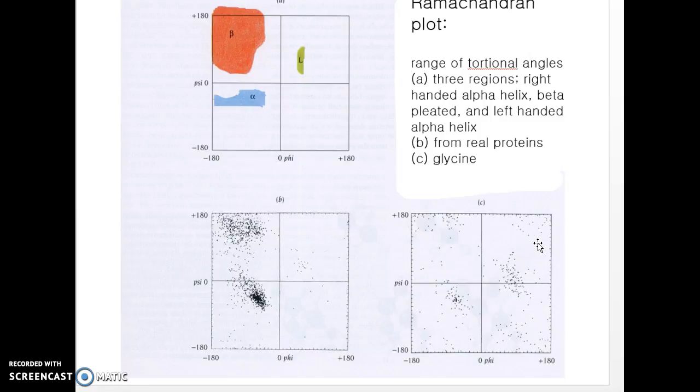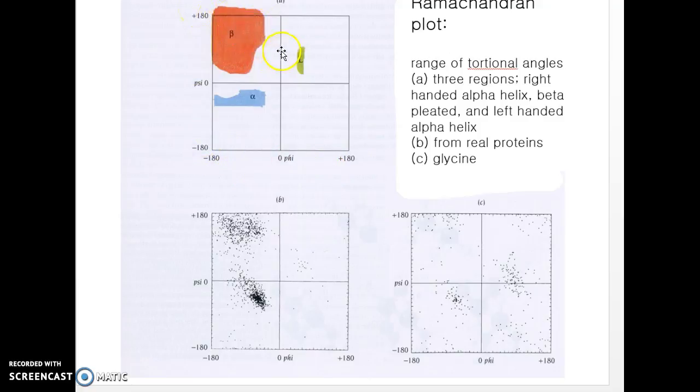So Ramachandran plot just shows some possible allowable torsional angle for phi and psi.